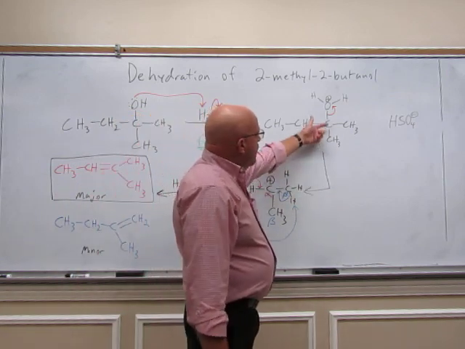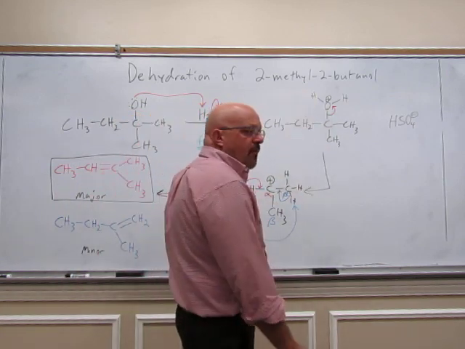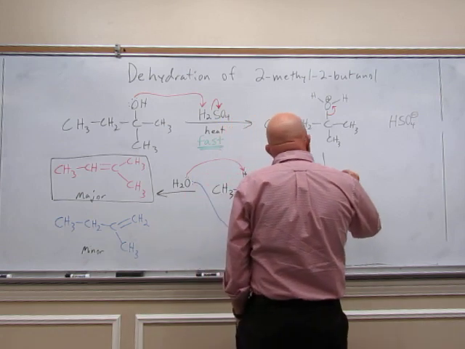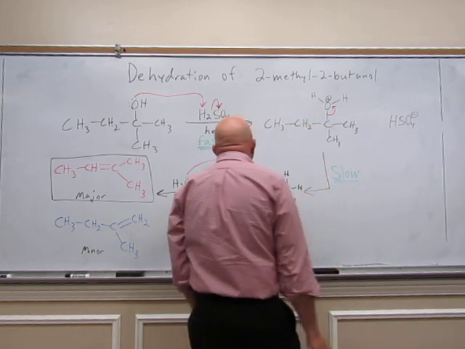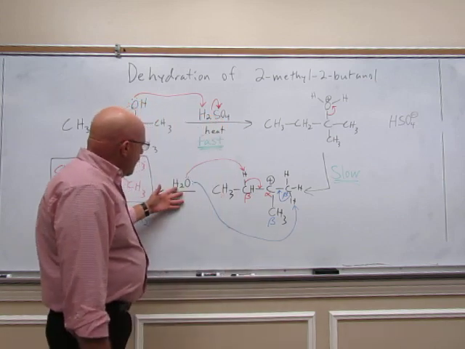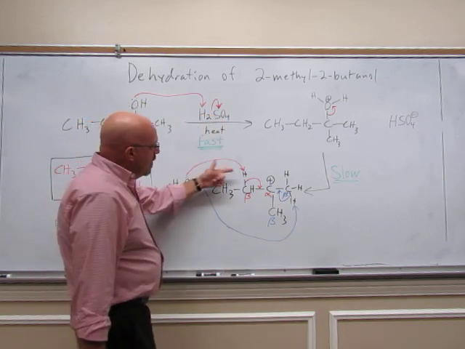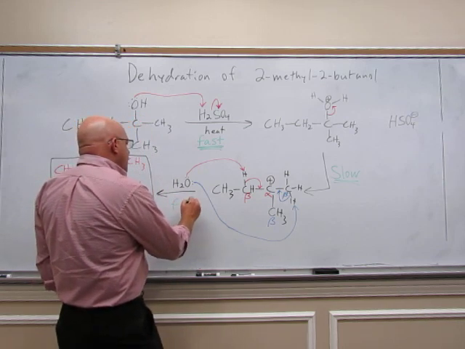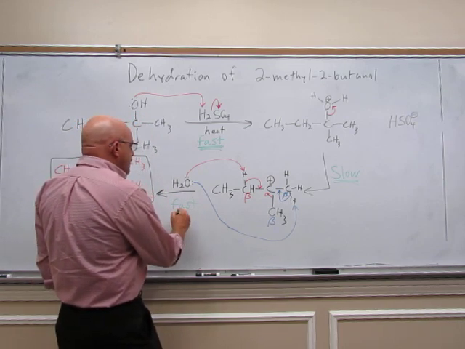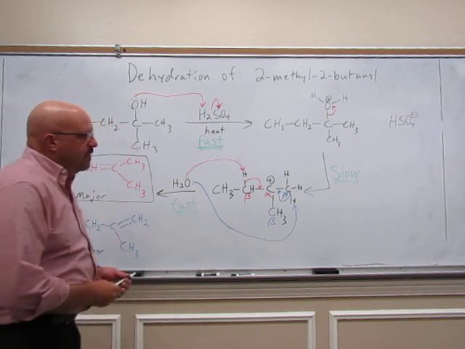Second step, having to wait for water to leave off all by itself, that's a very slow step. It's got no help. Last step, water grabbing a beta hydrogen, that's another acid-base reaction, and again, that would be a very fast step. All acid-base reactions are very, very fast.